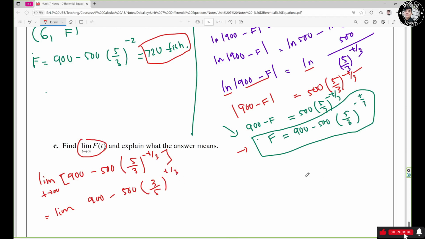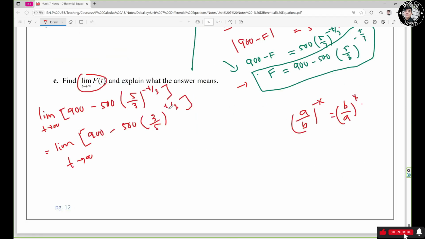Remember, if you have a over b to the negative s, this becomes b over a to the s, so keep that in mind. As t approaches positive infinity, this approaches 0 because the numerator is less than the denominator. So it's going to be 900, because 0 times this one equals 0. Now you need to say that the maximum number of fish that could inhabit the lake would be 900.